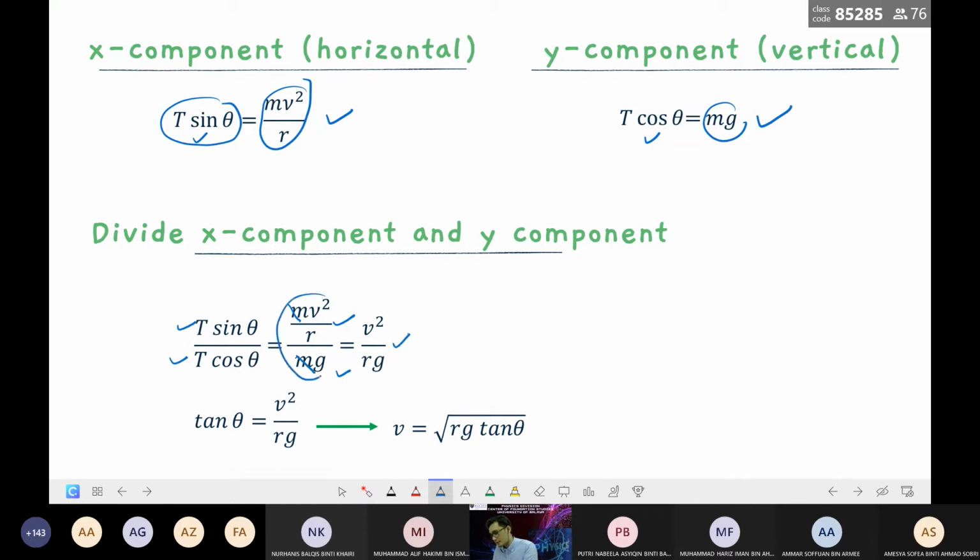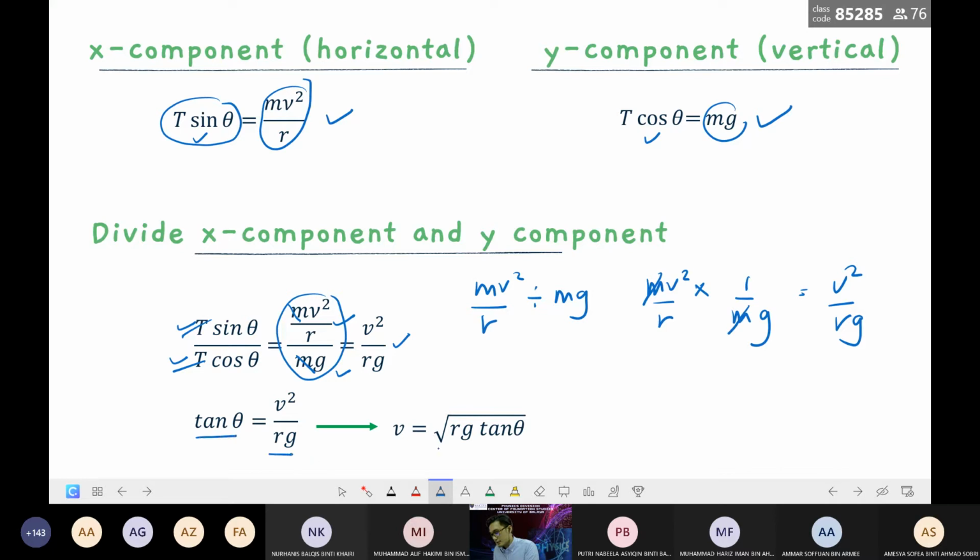If you don't see this part, I will rewrite again: mv square over r divided by mg, then mv square over r times 1 over mg, and we cut the value of m, then we get v square over rg. And we know that T we can cancel out, then sine over cos we get tangent theta, equals v square over rg, and the velocity is the square root of rg tangent theta.